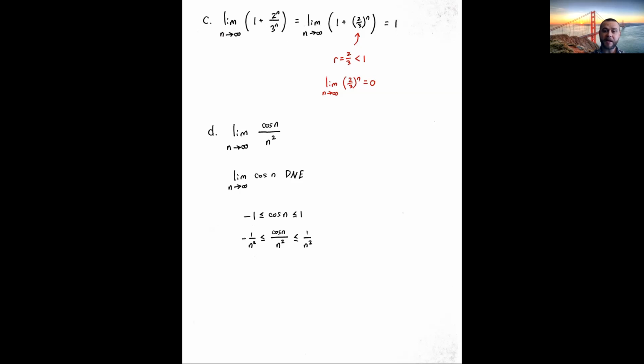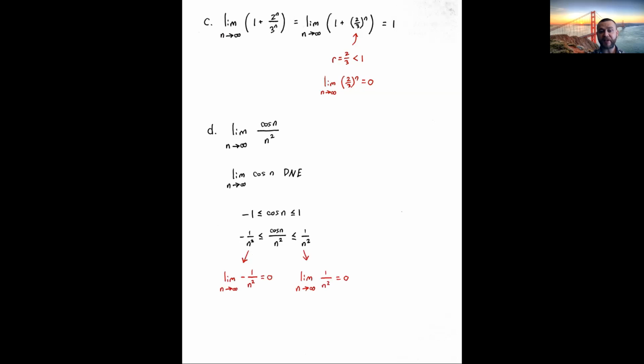The maximum and minimum values for sine and cosine are -1 and +1. So cosine of n is between -1 and 1. If we divide all three parts of that compound inequality by n squared, we get this one, where now the middle, cosine of n divided by n squared, is the term of our sequence for the limit in part D.